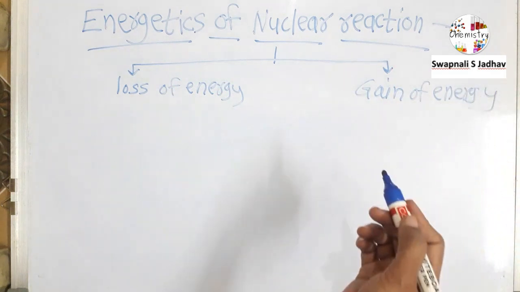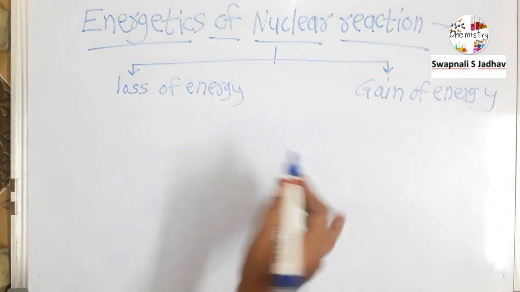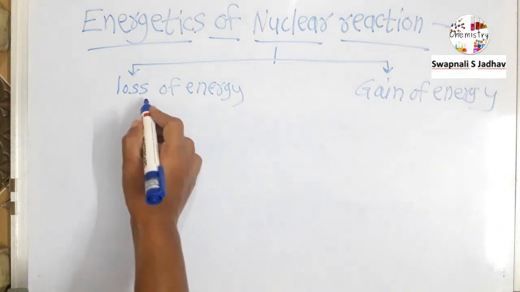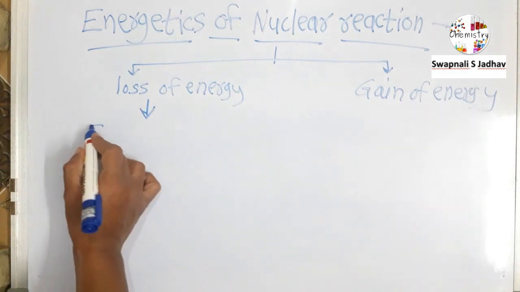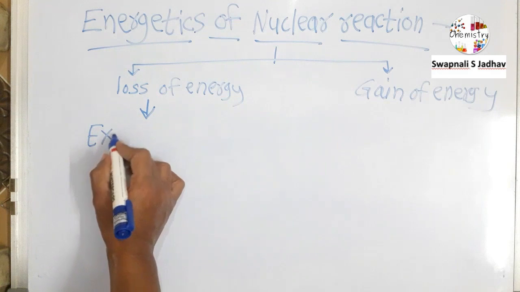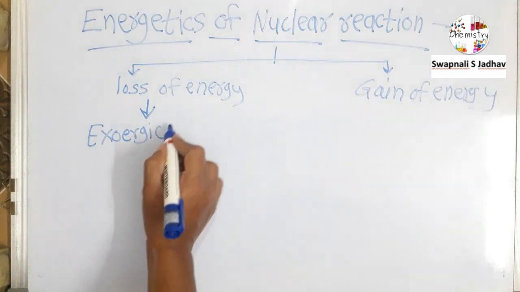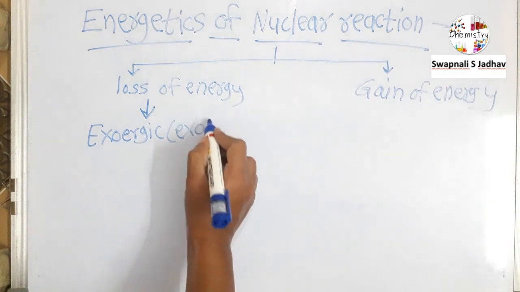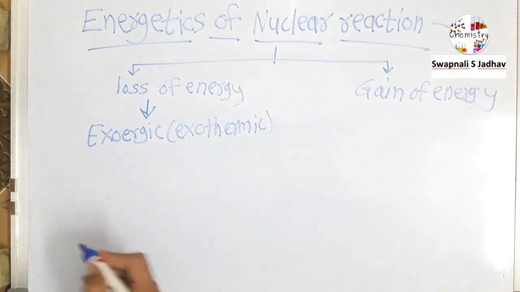So when energy is lost or released during a nuclear reaction, then these nuclear reactions are called exoergic or exothermic reactions. Exoergic or exothermic.